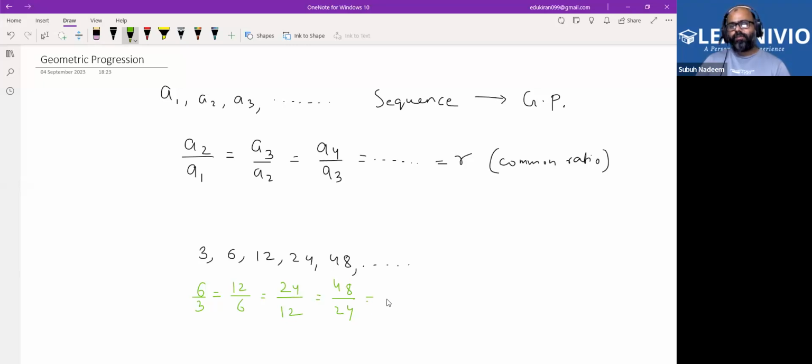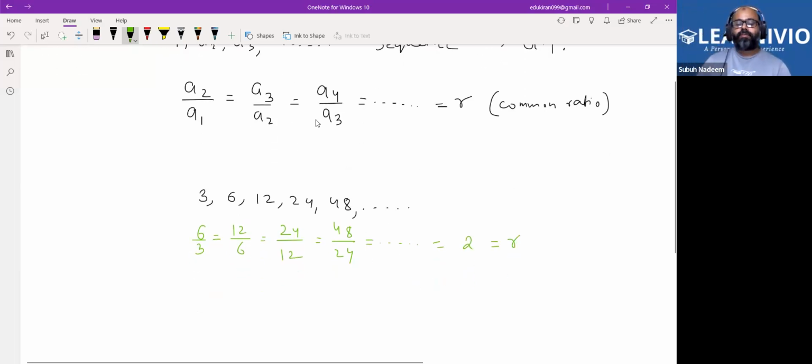And what is that value? 2. So the common ratio is 2 here. So this is what GP means, that the consecutive terms have the same common ratio and it is denoted by small r, as in AP, there is a common difference which is denoted by small d.